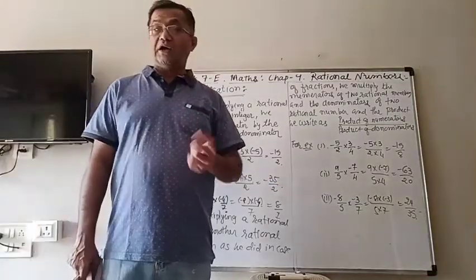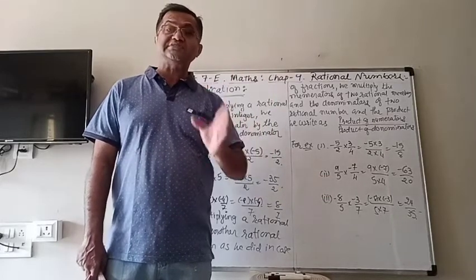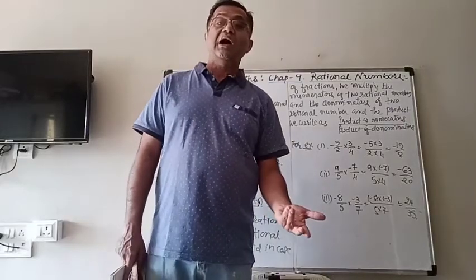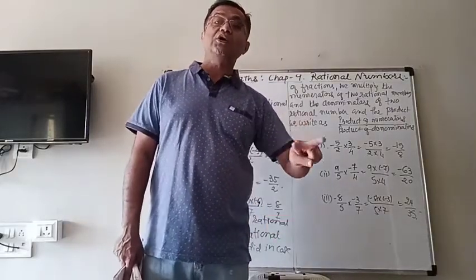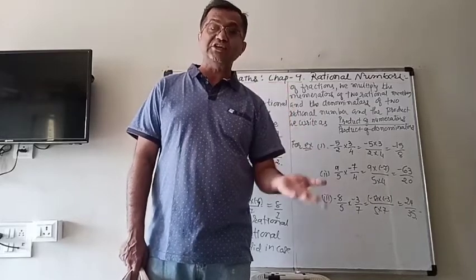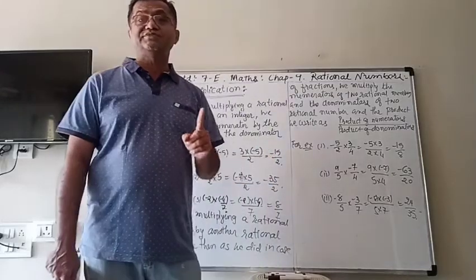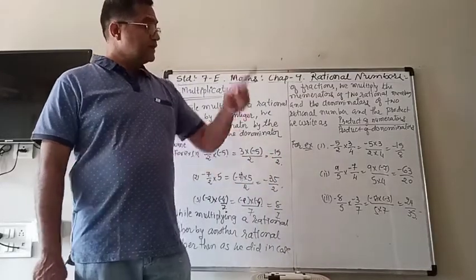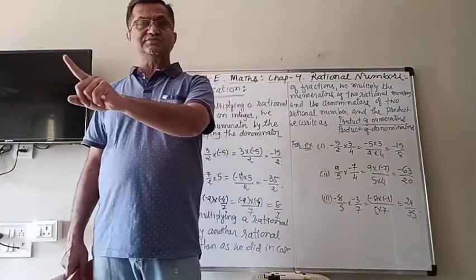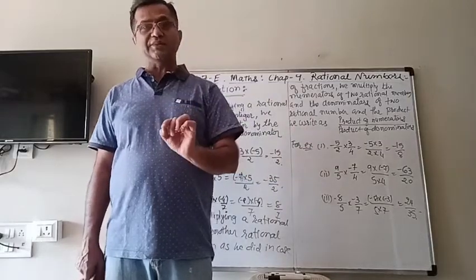Now, another thing is how we multiply a rational number by another rational number, meaning both are rational numbers. Here the situation will change. In this situation, remember that the numerators are multiplied with the numerators and the denominators are multiplied with the denominators.